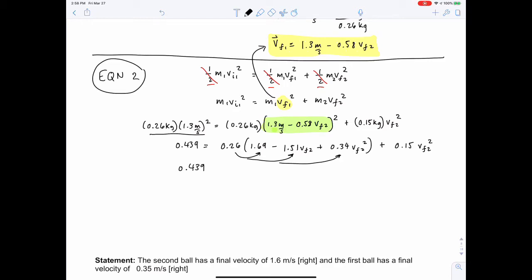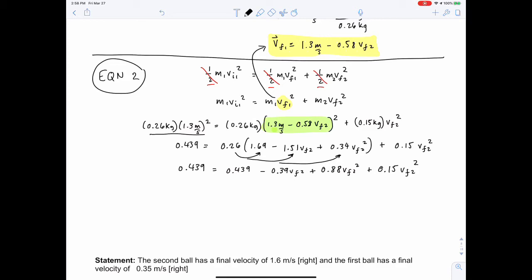So we have 0.439 is equal to 0.439 minus 0.39 VF2 plus 0.88 VF2 squared plus 0.15 VF2 squared.